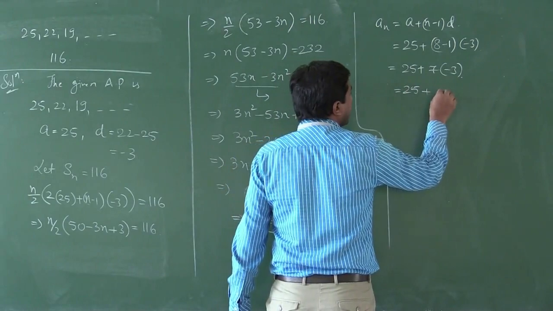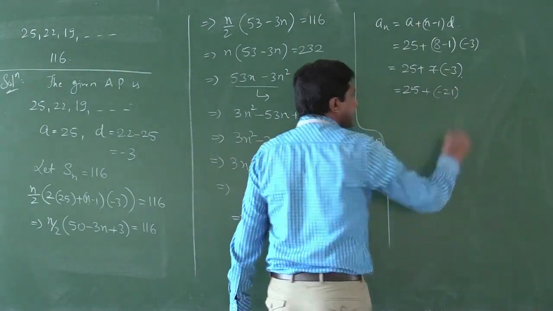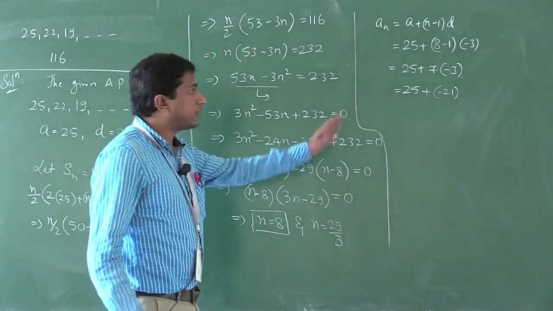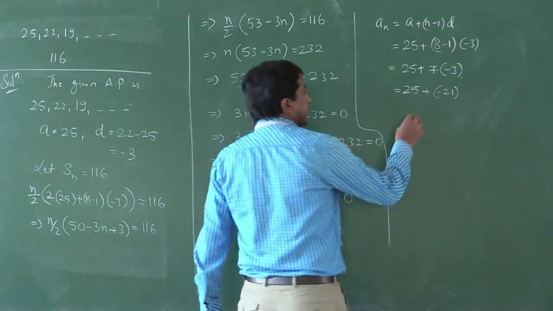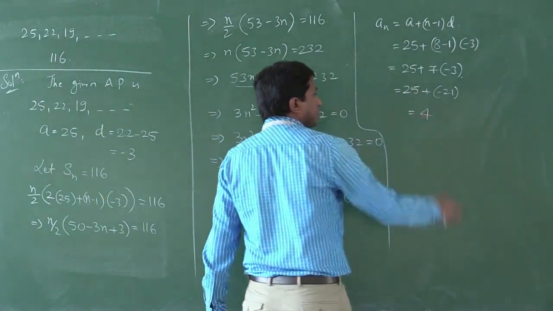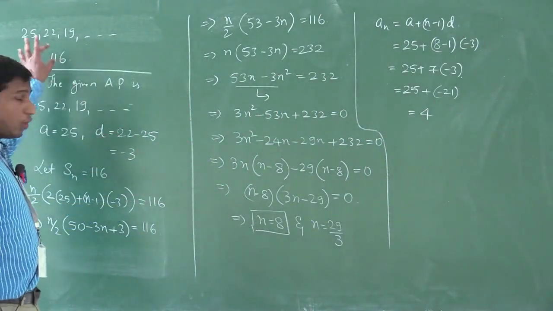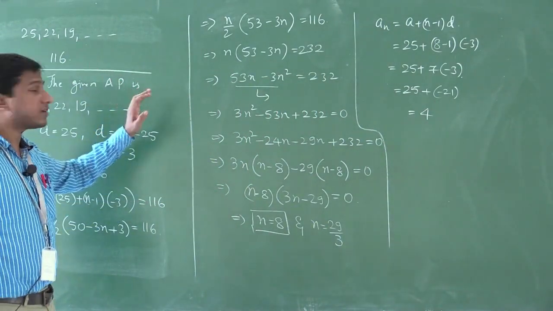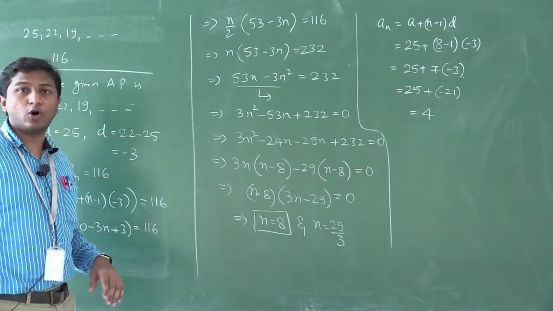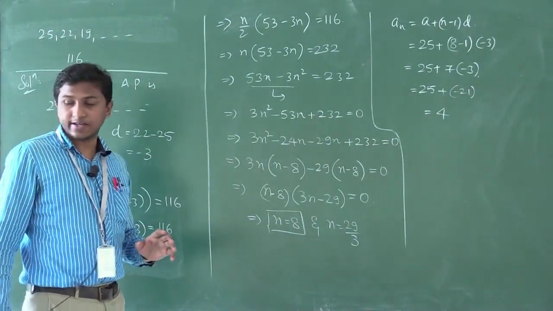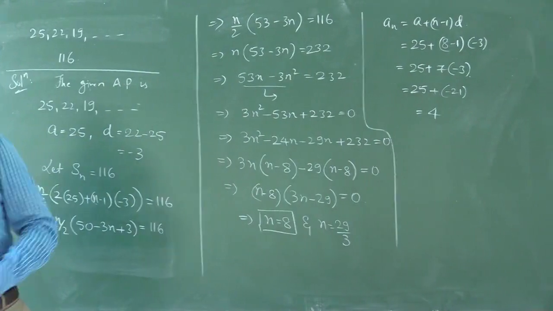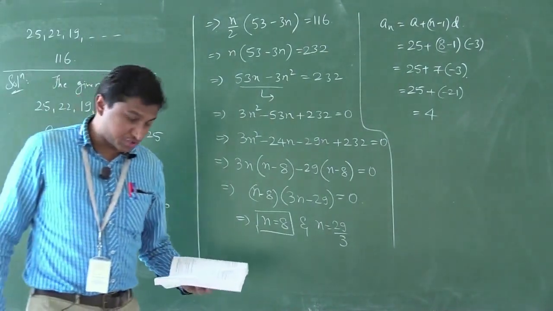So 25 plus minus 21, 25 minus 21 is nothing but 4. So 4 is the last term of this AP, such that the sum of terms is 116.